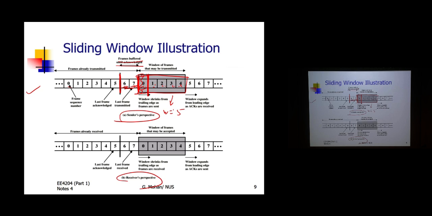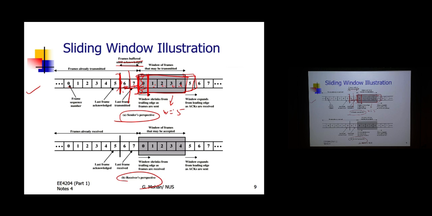Whenever an acknowledgement is received, the window will expand from this direction. Let's say acknowledgement for 6 is received, this will expand by 1. This vertical line will come here.